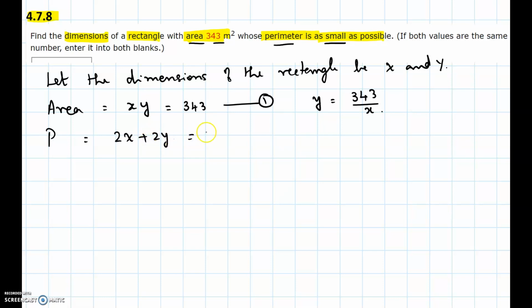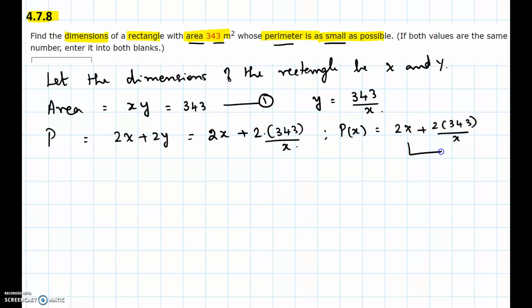Instead of dealing with two variables, we will change this to one variable, which is 2 times y, which is 343 divided by x. So now the perimeter becomes a single variable problem, which is 2x plus 2 times 343 divided by x, is the one that you want to minimize.